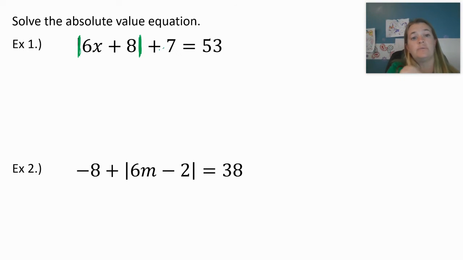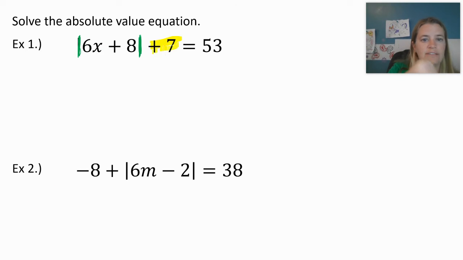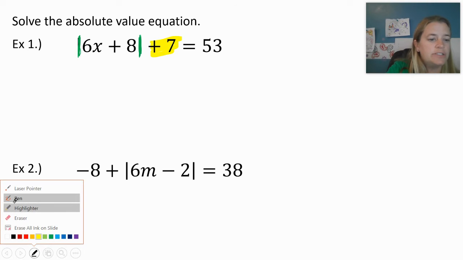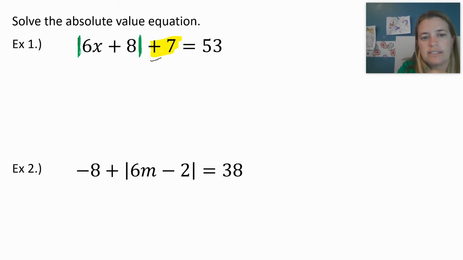So what is on the same side of that absolute value? We don't have anything in front, but we do have something at the end. So we need to take that -7 and move it to the other side. We're going to do this by taking the inverse operations. This was adding 7, so to get rid of it, we're going to subtract 7.